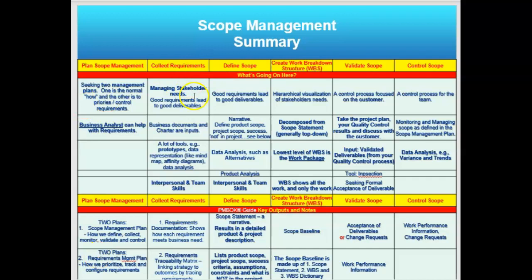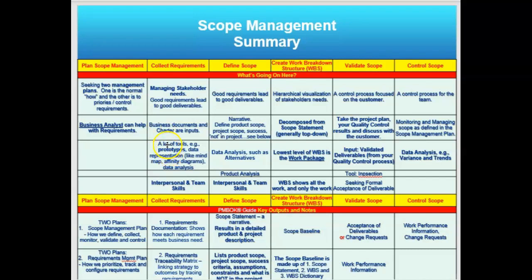Now, collect requirements was the next process. This is about me managing and meeting stakeholder needs. Remember, good requirements lead to good deliverables. So I'm going to use my business documents and my charter as inputs, which is kind of different. You don't see those much anymore, but scope is that important, right?